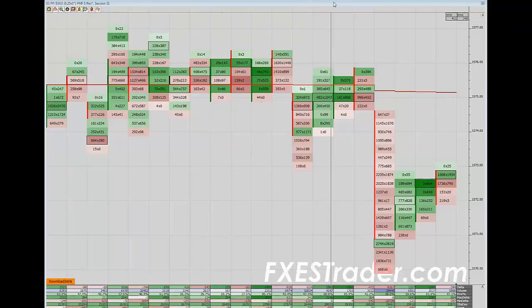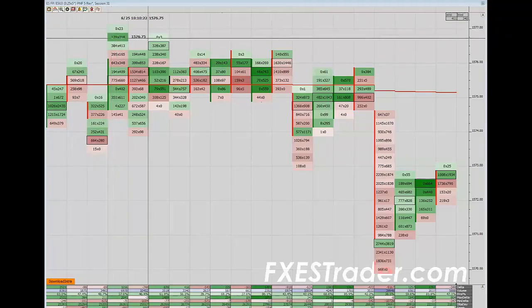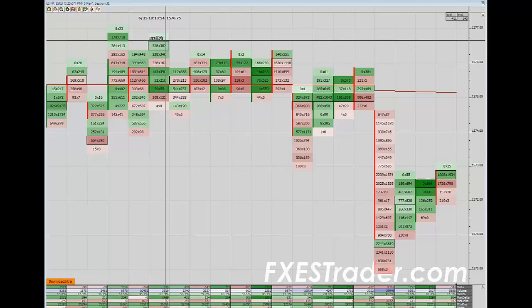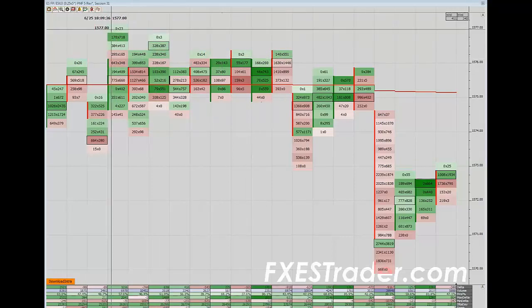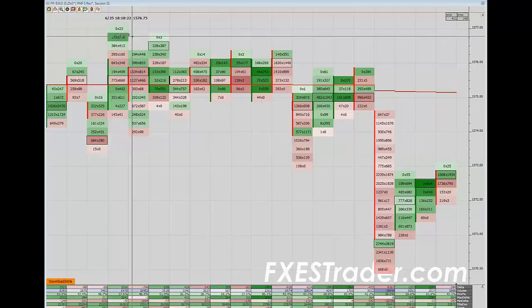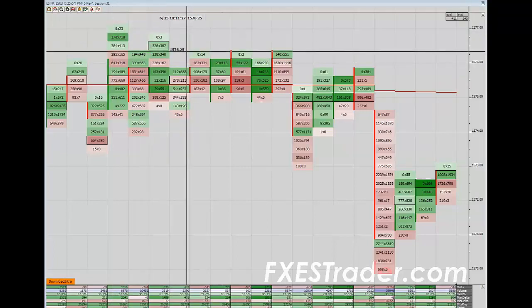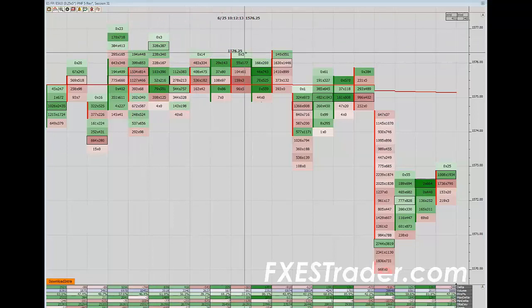But if you take a look at what sort of got us into all of this, we had a number of orders printing up and really nothing going off on either the bid or the ask above. It's just a great thing about markets, and certainly the footprint chart, because it's telling us that there's really not a lot going off at the top.